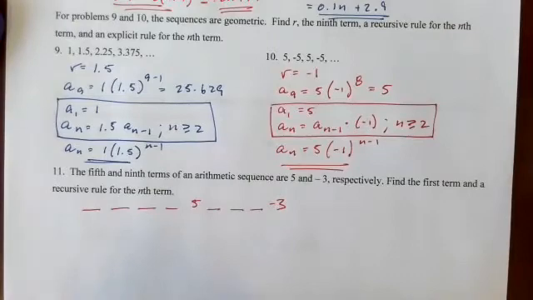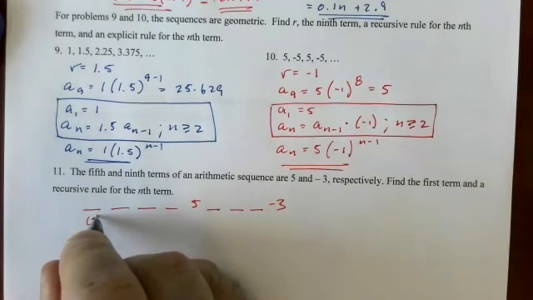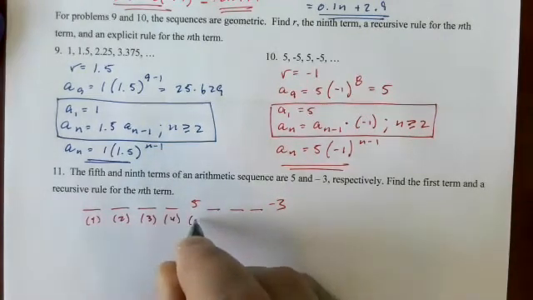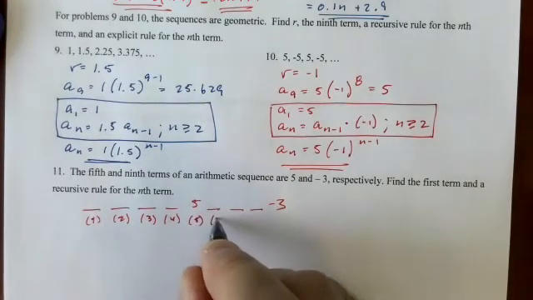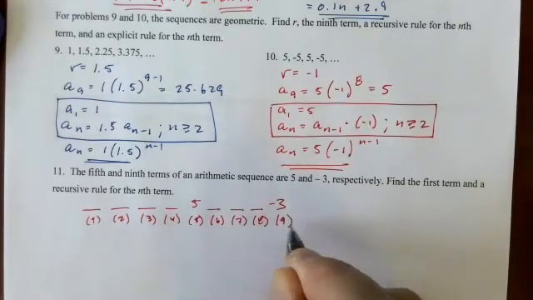All right, arithmetic sequence. So we'll label these term 1, term 2, term 3, term 4, term 5, term 6, term 7, term 8, term 9.